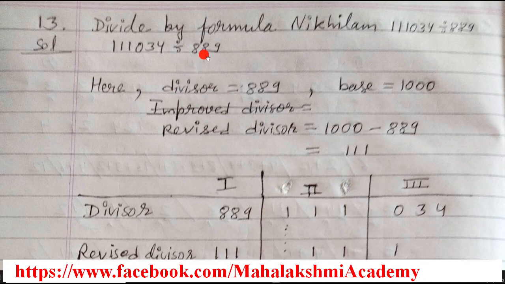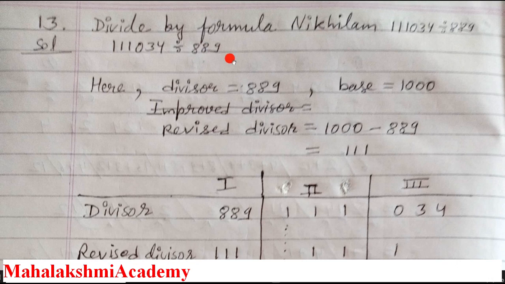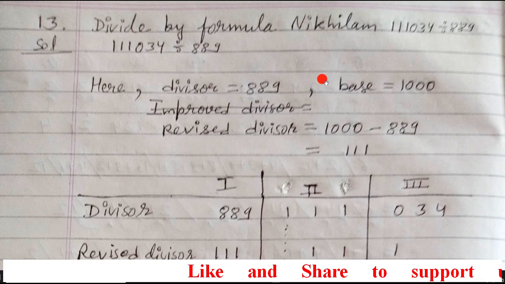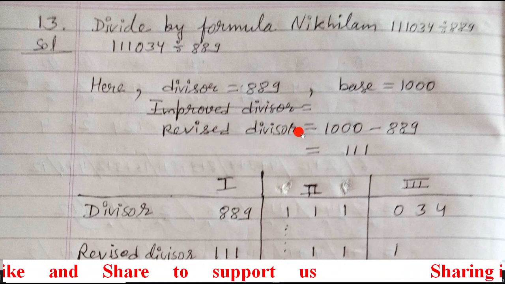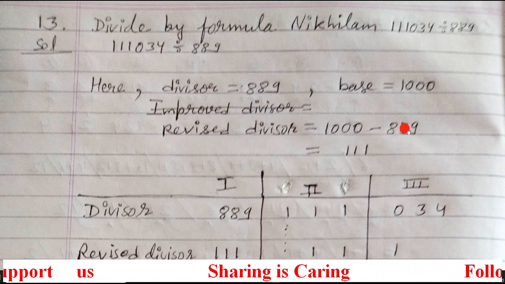So here first we will write down what is the divisor for us. The divisor is 889. Since this 889 is near to 1000, the base of this divisor is 1000. And in the Nikhilam method of division, we have to find out the revised divisor. The revised divisor formula is base minus divisor.